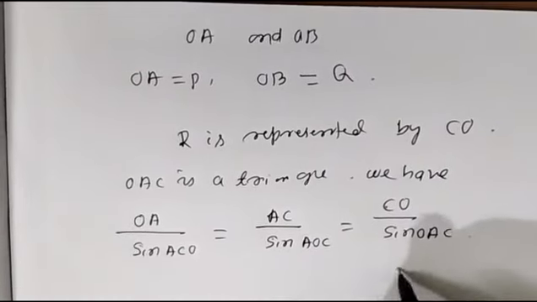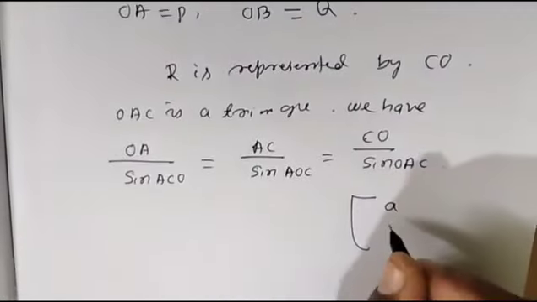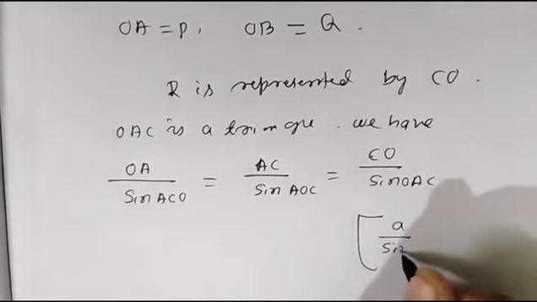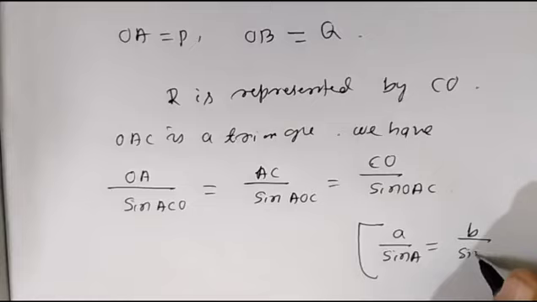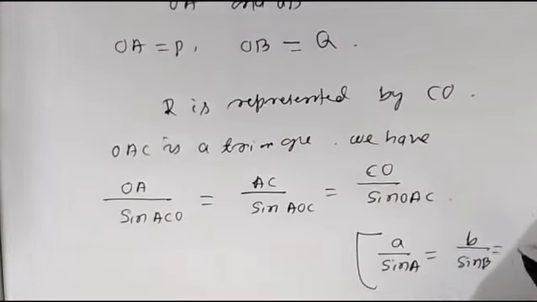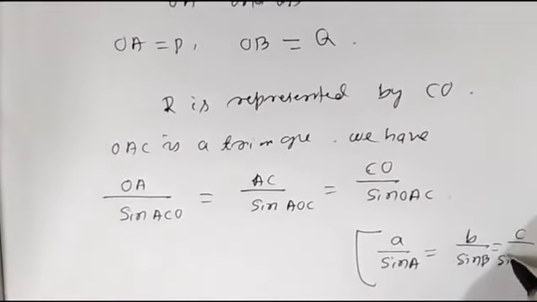Because we know that in any triangle, a by sine A is equal to b by sine B is equal to c by sine C.